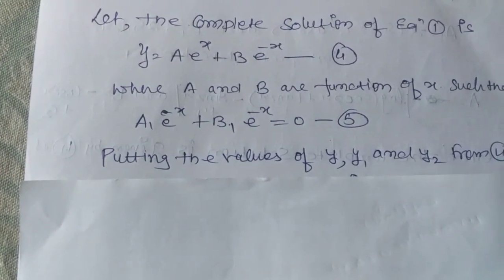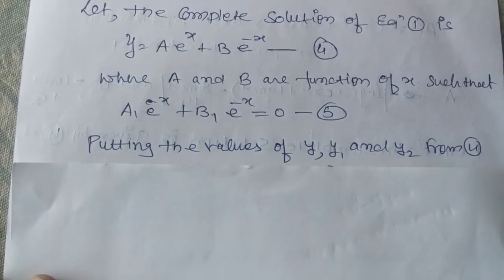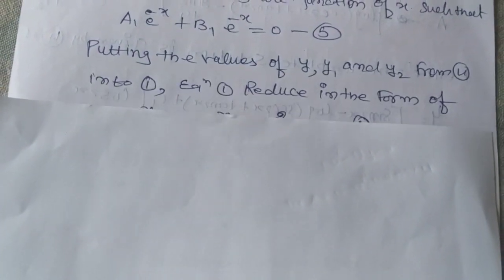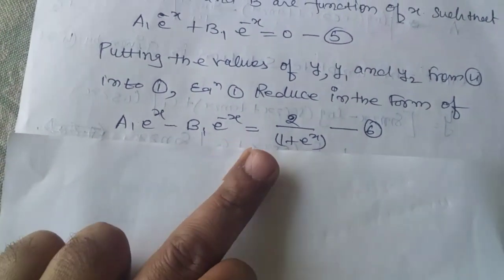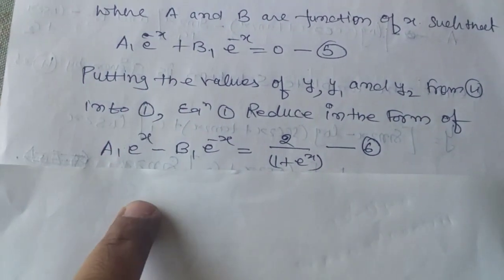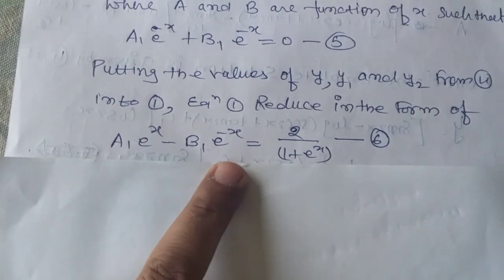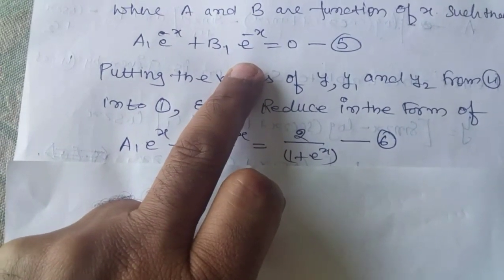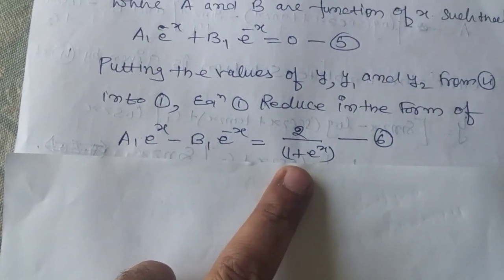Therefore, putting the values of y, dy/dx and d²y/dx² from 4 into 1, equation 1 reduces to a1 u1 + b1 v1 = r. Here u1 is the derivative of e^x, that is e^x, plus b1 v1, where v1 is the derivative of e^(−x), that is −e^(−x), equals r.